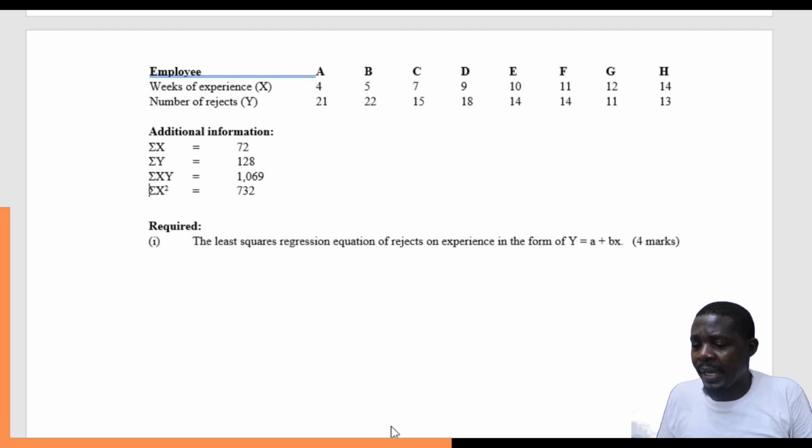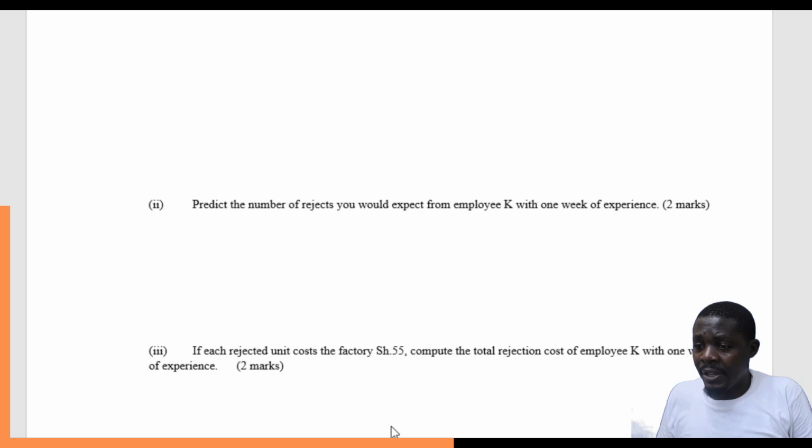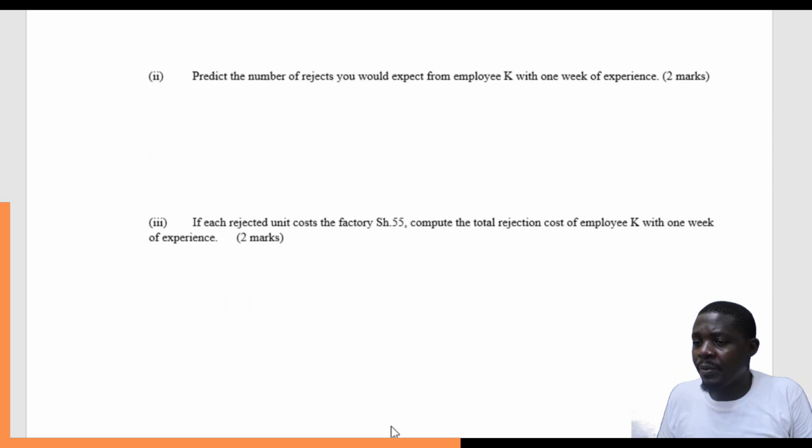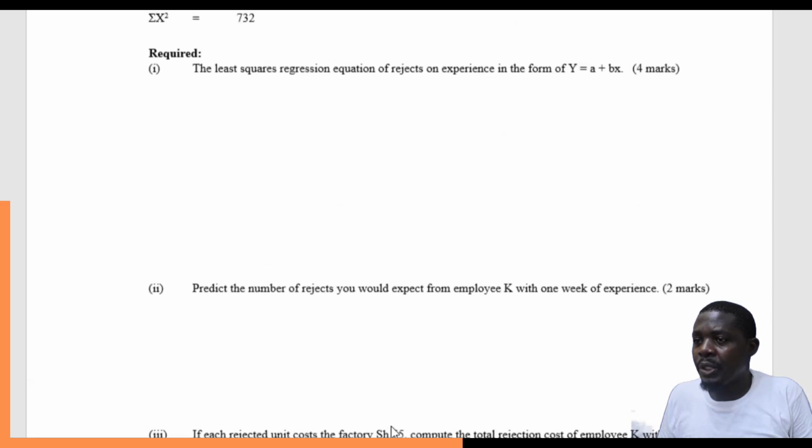And then, if each rejected unit costs 55, compute the total cost of rejects in 1 week.